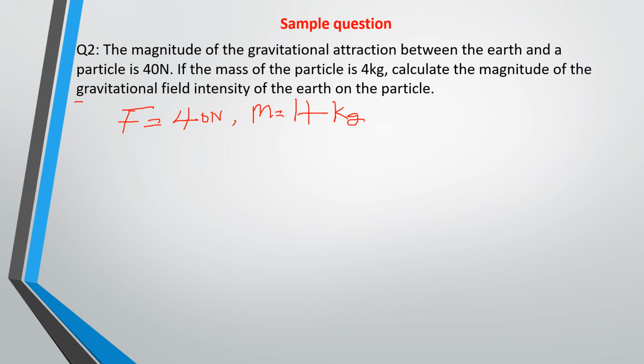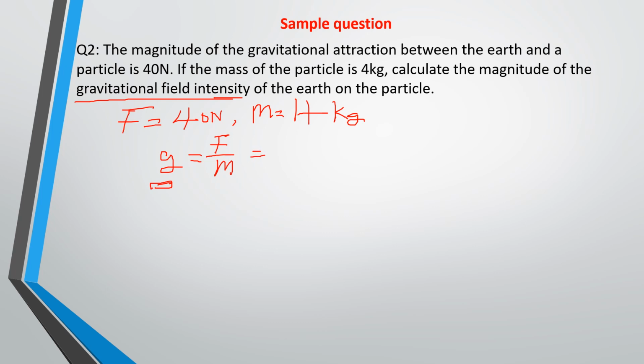Okay, so I didn't mention this earlier, but gravitational force per unit mass, or gravitational acceleration, is also known as gravitational field intensity. So what this question is asking you to do is find the force per unit mass, which is also known as gravitational field intensity.